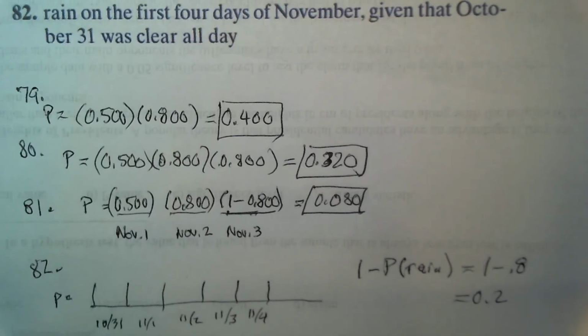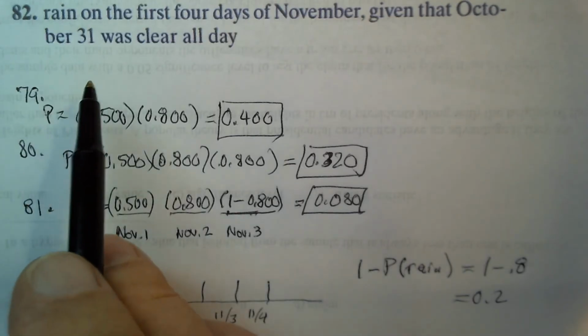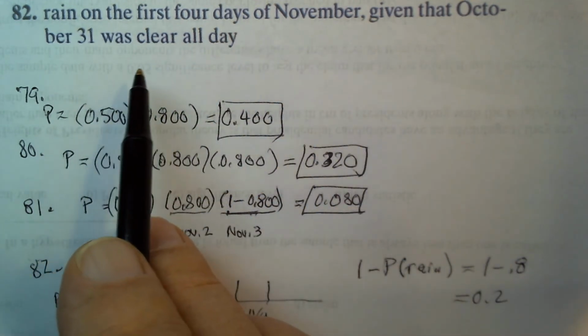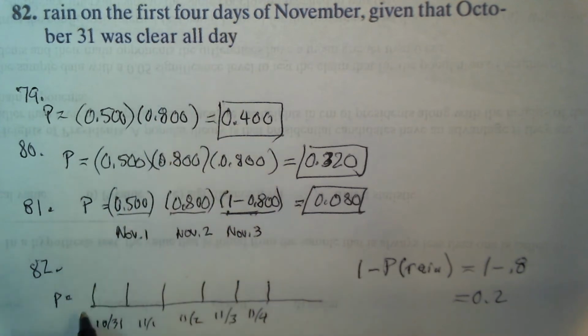So for number 82, we are supposed to find the probability of rain on the first 4 days of November, given that October 31st was clear all day. So here it's clear. So we know that the probability of rain following a clear day is 0.3.